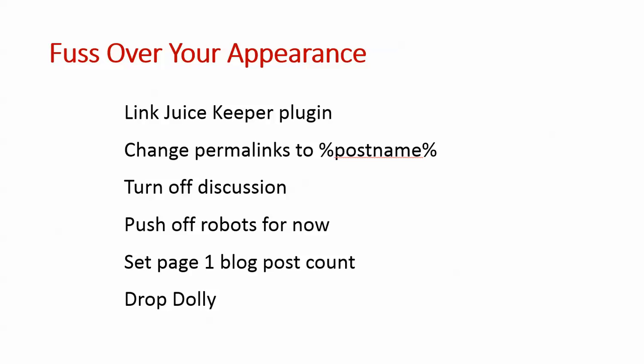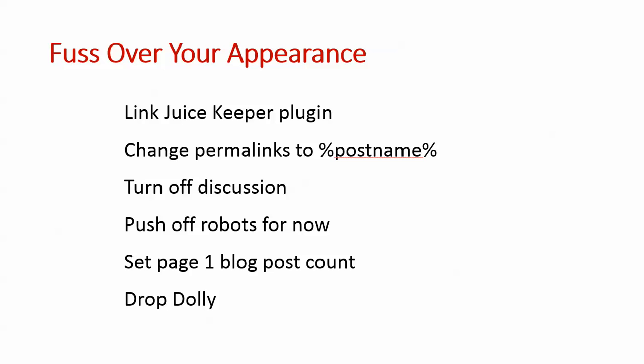I go into settings, I change permalinks to post name. This automatically creates appropriate names for my posts and pages, so that when they get pushed to other places, they are easily identified. I turn off discussion because I don't personally desire comments or discussion with my posts and pages.